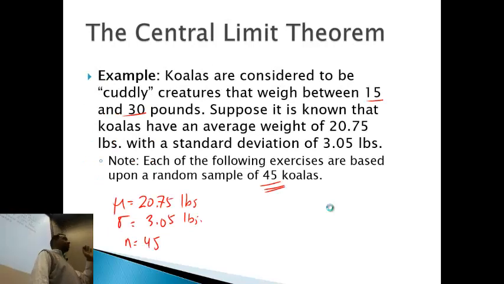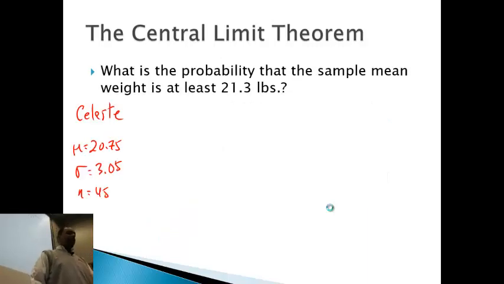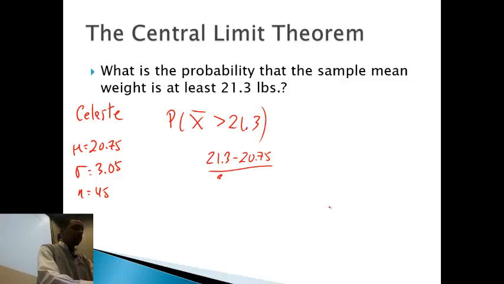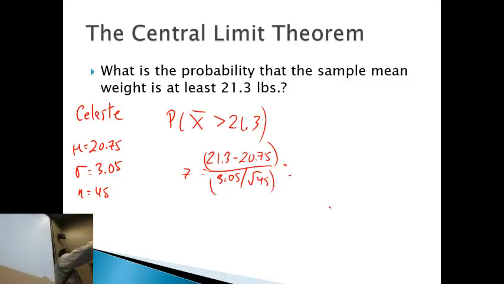All right, Celeste. Ready? Sure, she says. Okay, Celeste, so you got these koalas. 21.3 is a... And what'd you do? Celeste, well done. What Celeste did was just use that formula, x bar minus the mean over sigma over radical n.